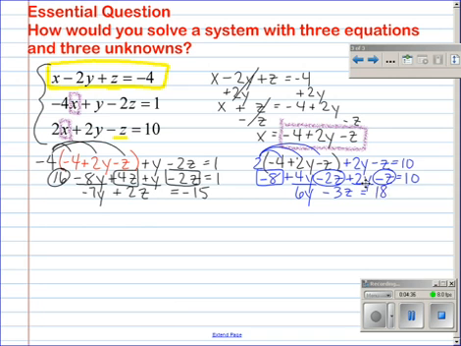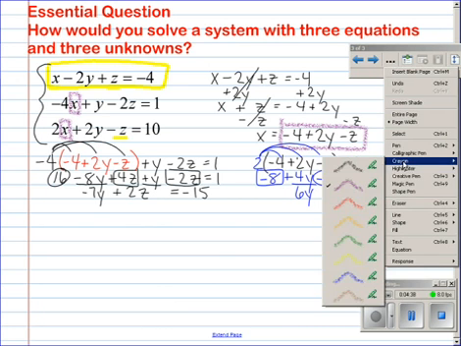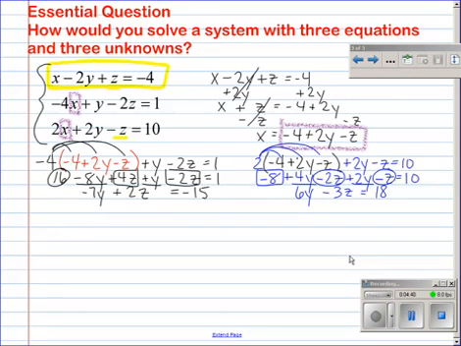So now I have two equations where both of those equations only have a y and a z. Now I have to take those two equations and either do substitution or elimination.